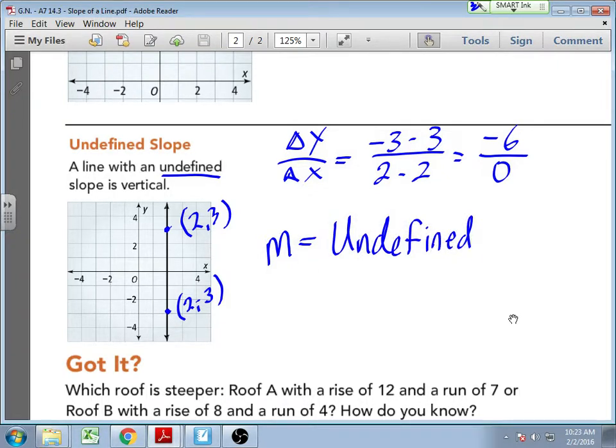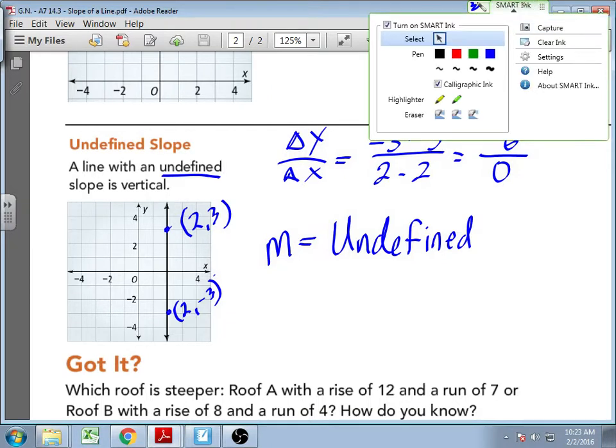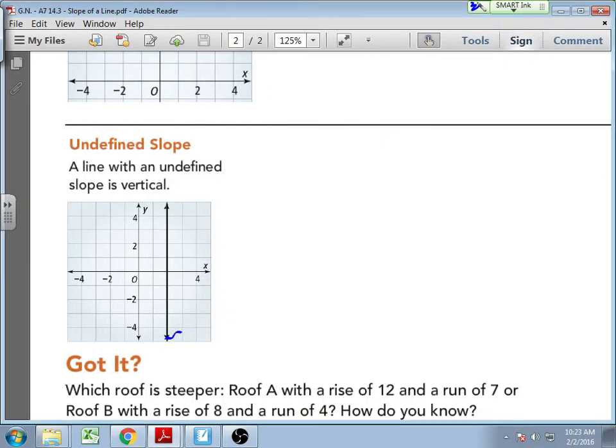You cannot define the slope of a vertical line because it's not sloped, it's not slanted, it's vertical. Its slope is essentially infinity. If you think of the vertical change over the horizontal change, if I use this gap, I get 2 over 0.